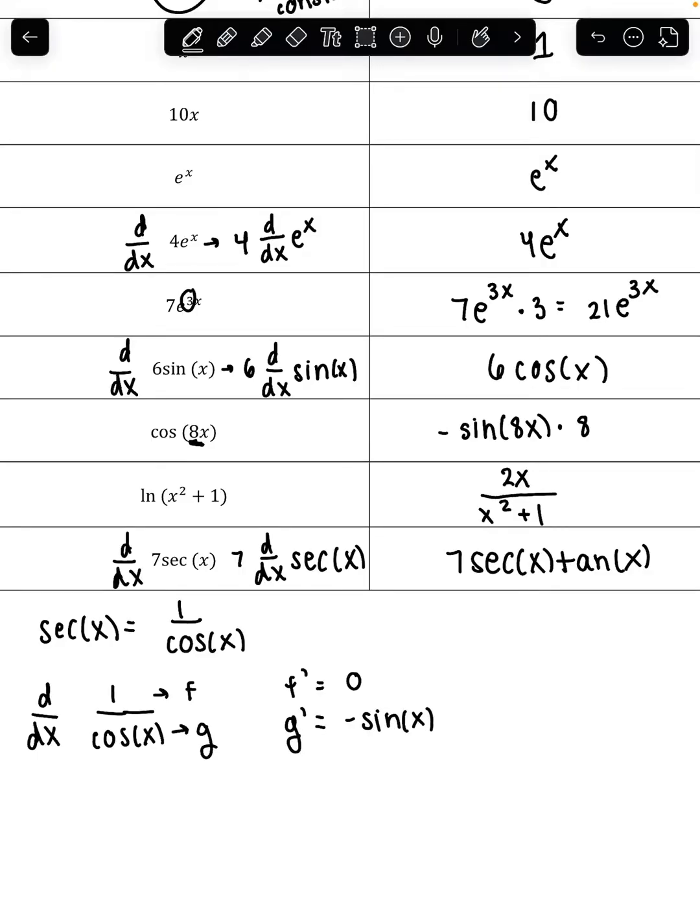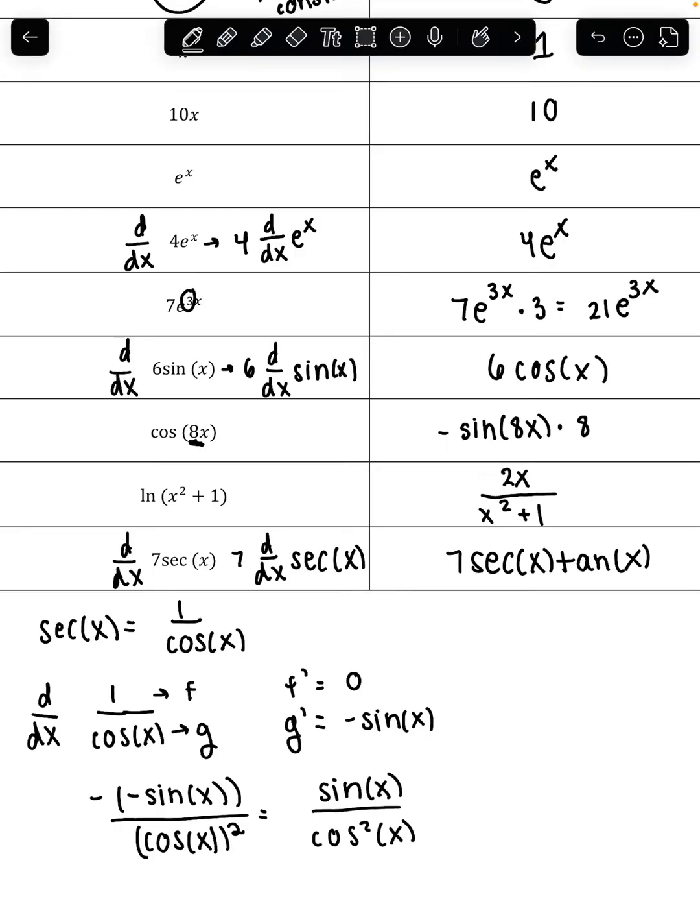So if we do the quotient rule, we get f prime g, so that's just 0, minus g prime f, so we'll have negative sine of x. Well, minus negative, so it's really a positive, all over g squared, so cosine x squared, which is sine of x over cosine squared, which is also equal to 1 over cosine times sine over cosine.